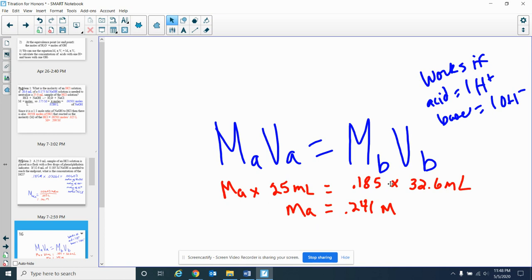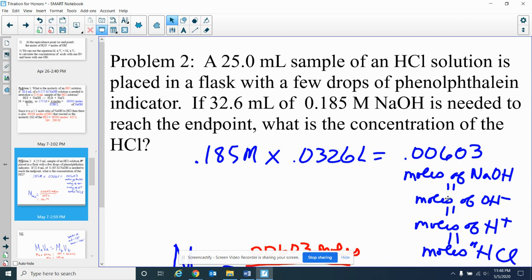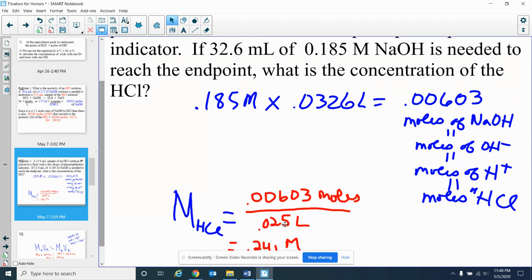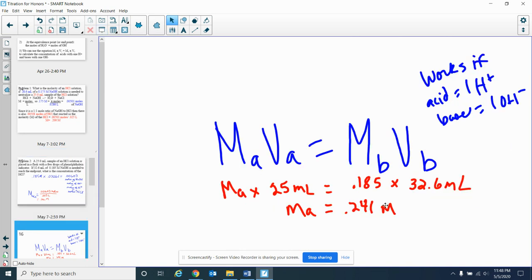So molarity of the acid equals 0.185 times 32.6 divided by 25, and I come up with 0.241. So it's exactly the same whether I use this equation or whether I calculate moles and then divide the moles by the liters of acid. In both cases, I come up with the molarity of my acid, 0.241.